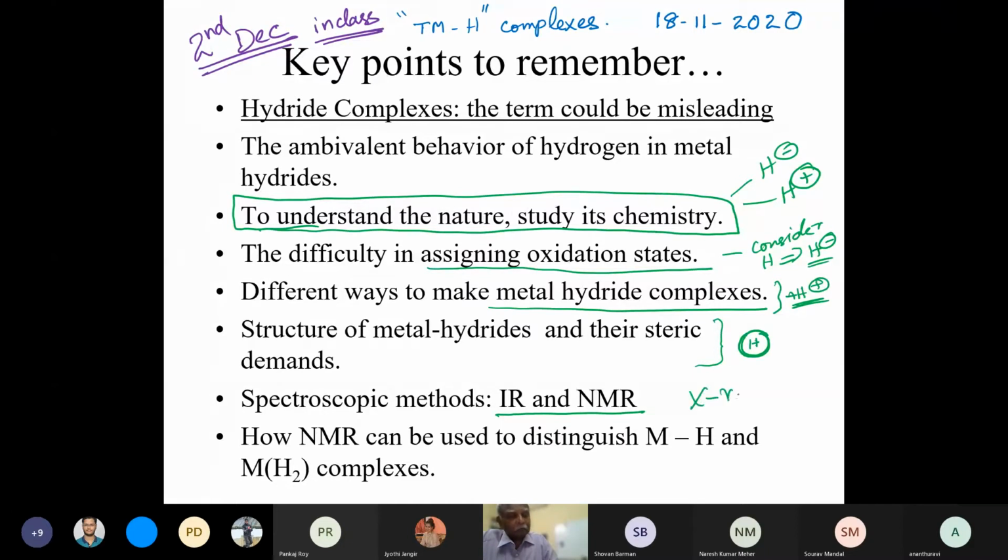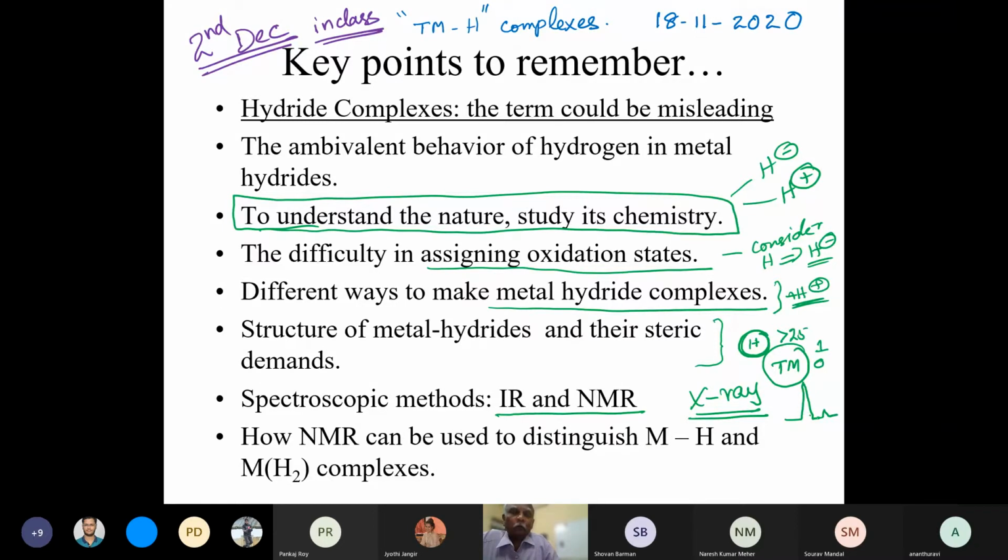X-ray is a problem. I again emphasize this for you because you have transition metals which have, say, more than 25 electrons around the transition metal and hydrogen having 1 electron. So you're going to look at a huge peak in the X-ray diffraction from the transition metal and a small blip next to it for the hydrogen.